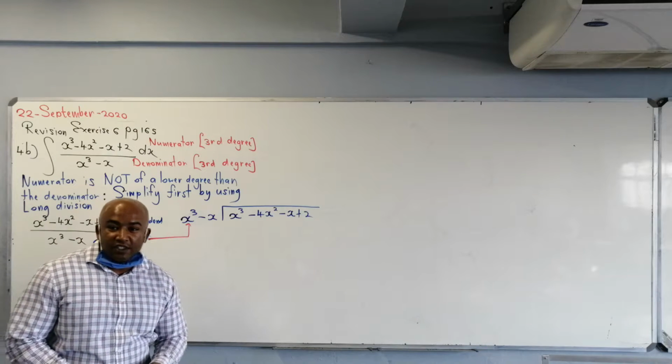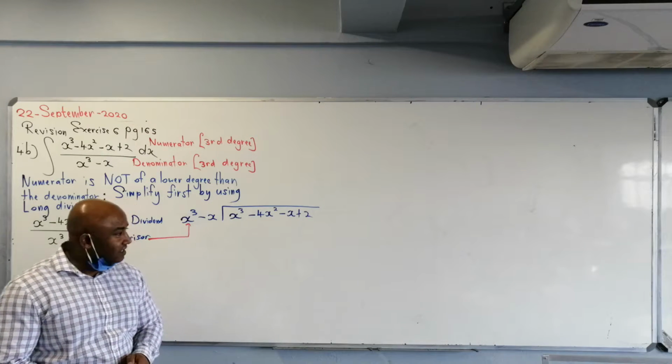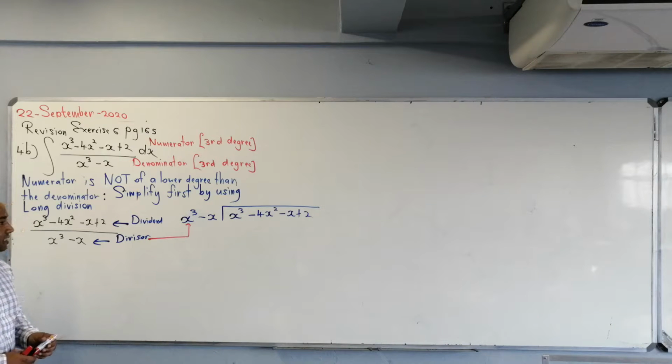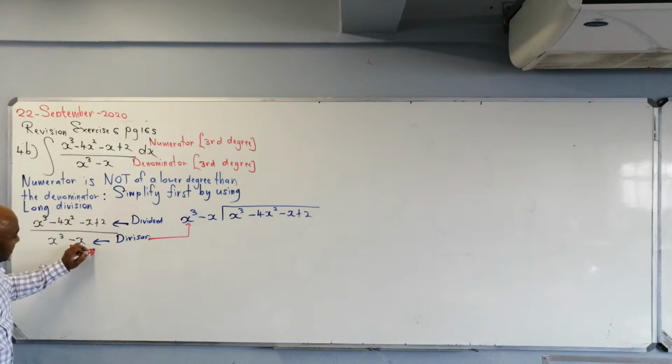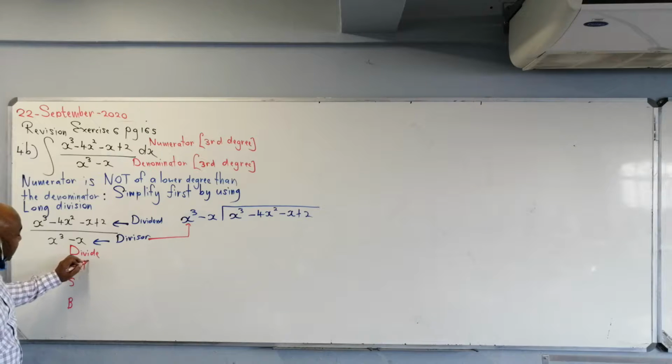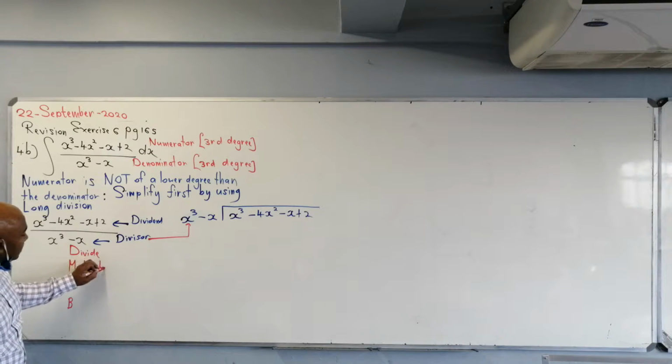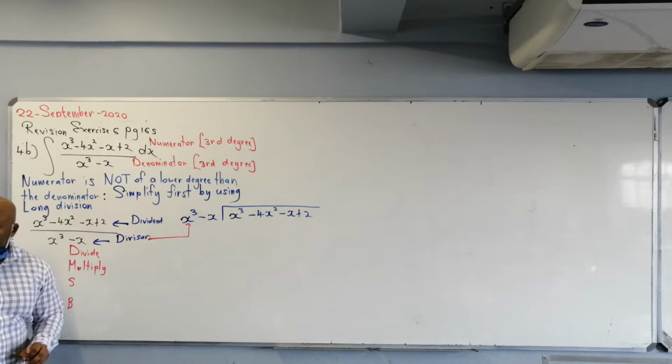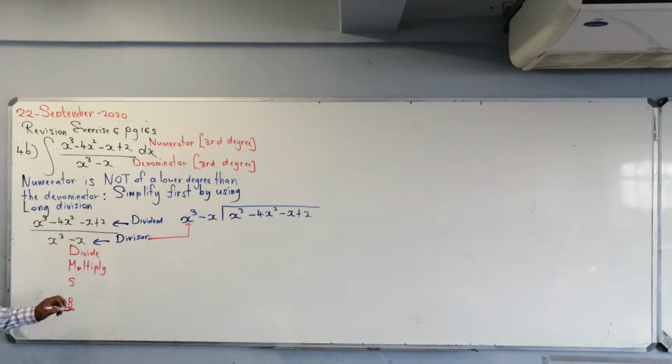So what is the process of long division? There are 4 steps. First, step number 1 is divide. Okay. Then step number 2, you got M, S, and then B. Step number 2 is multiply. Step number 3 will be subtract.